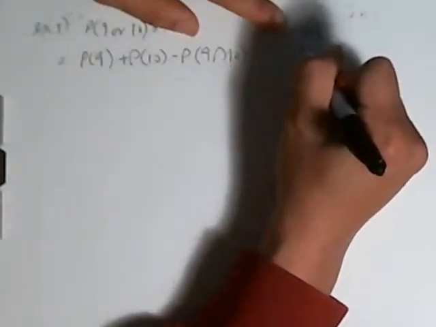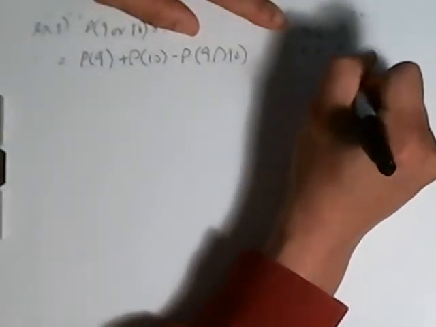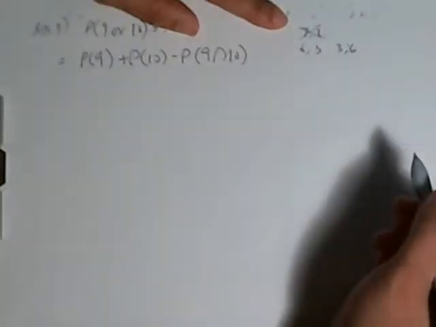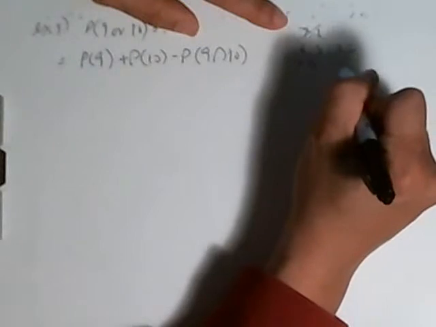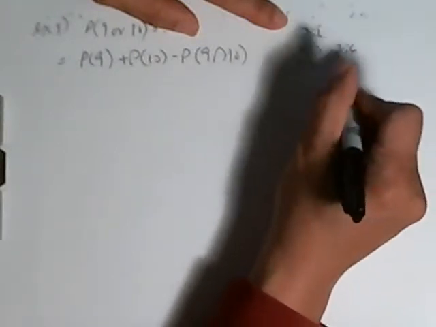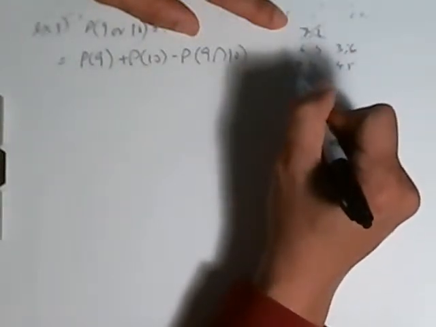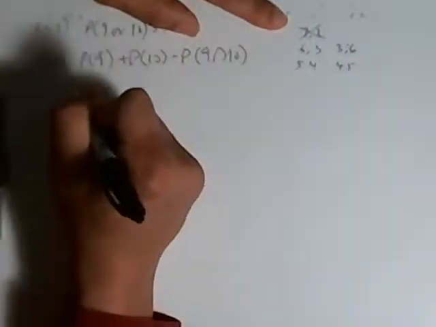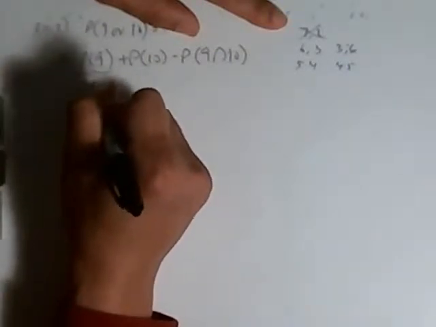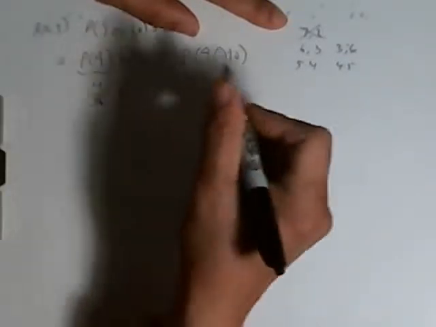So you could have a 6 and a 3, 3 and a 6. That's 1 pair. 5 and a 4, 4 and a 5. That's 2 pairs. Is that it? Yeah, that's it. So the probability of a 9 is 4 out of 36.